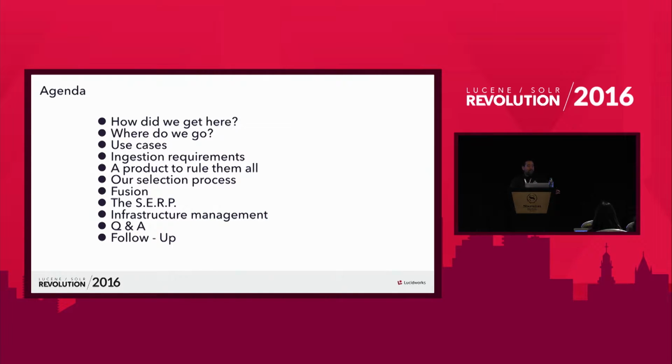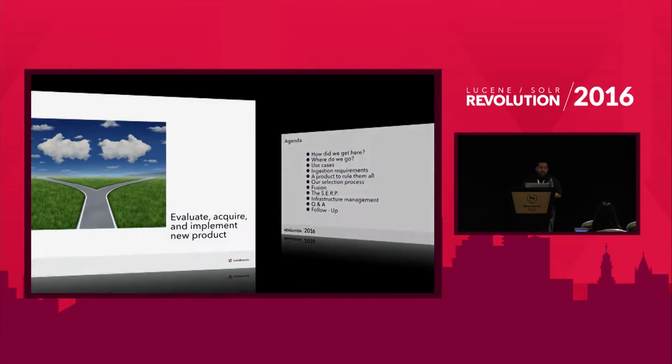And now, once we had the product, how we built our search engine results page. We're going to finalize with only 2 guys, actually 3 guys, managing the infrastructure. How do we manage it all? We're going to talk about that a little bit. And we're going to have maybe 10 minutes for questions and answers. Okay? Let's get started.